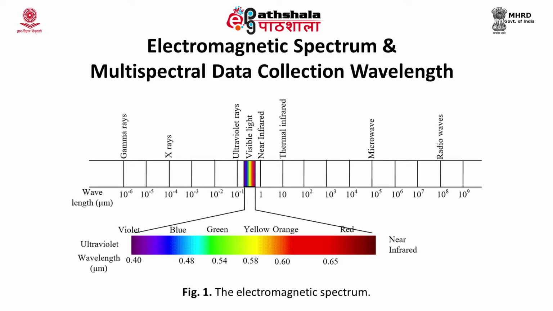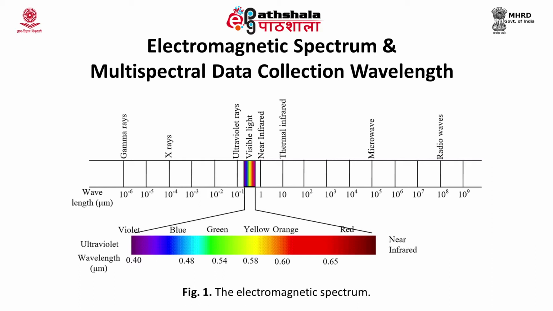So, in this slide we can see figure 1, which illustrates the whole electromagnetic spectrum. The arrow at the top of this figure indicates the range starting from ultraviolet rays to the thermal infrared region, and the visible spectrum is elaborated below.